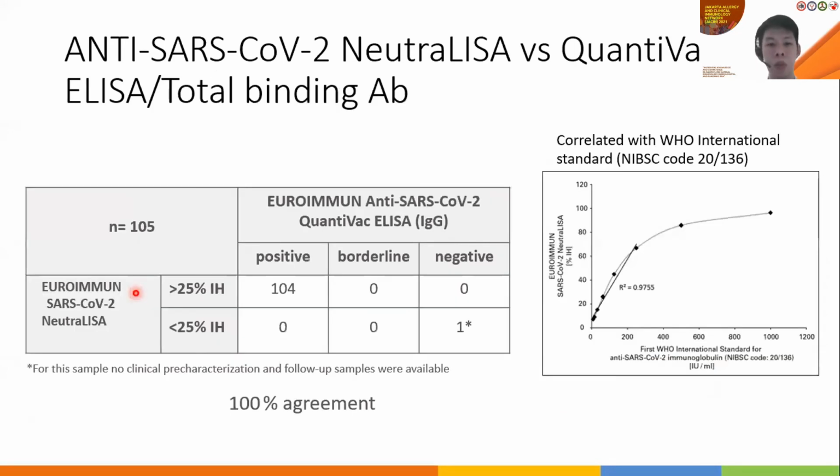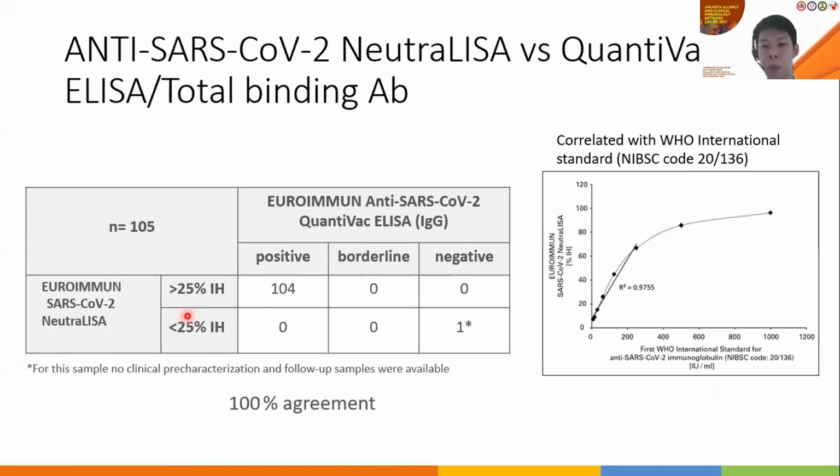As we compare our NeutraLISA antibody assay with our QuantiVac assay, we have shown that in an event whereby the patients have a high amount of total binding antibodies, the neutralizing antibody levels will also be present.